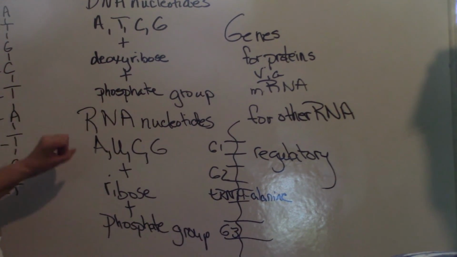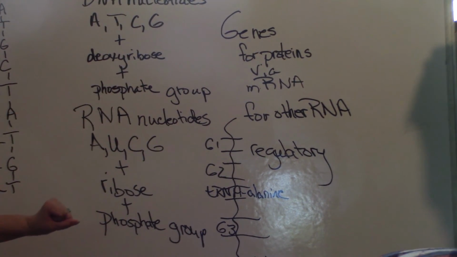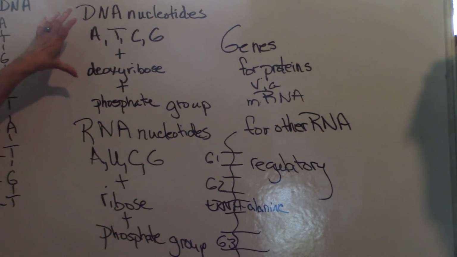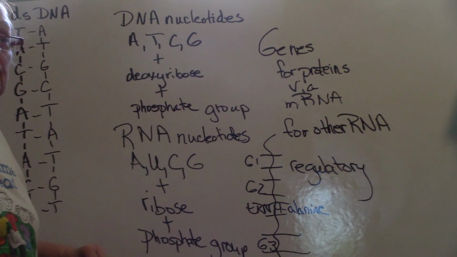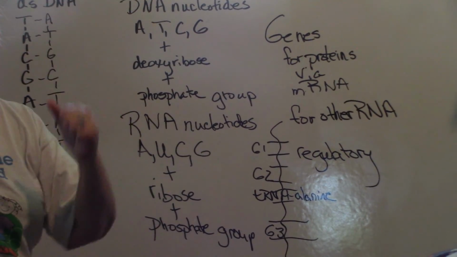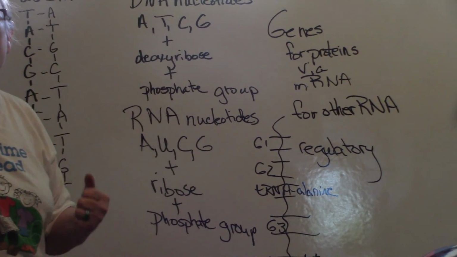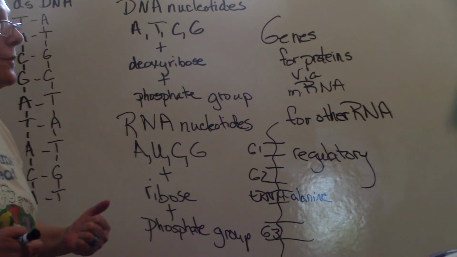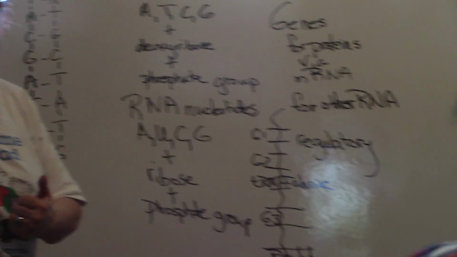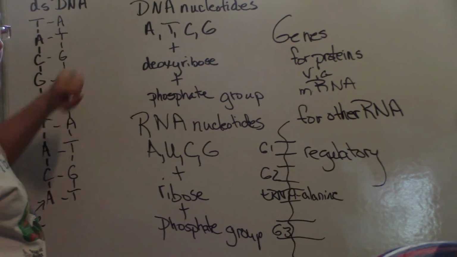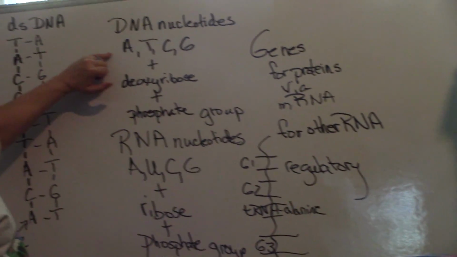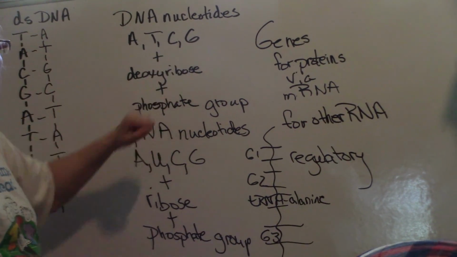There are DNA nucleotides and there are RNA nucleotides. DNA nucleotides make DNA, this double-stranded molecule that contains the recipes for making the various proteins that the cell or cells need. The DNA nucleotides have 4 nitrogen bases possible: adenine, thymine, cytosine, or guanine.